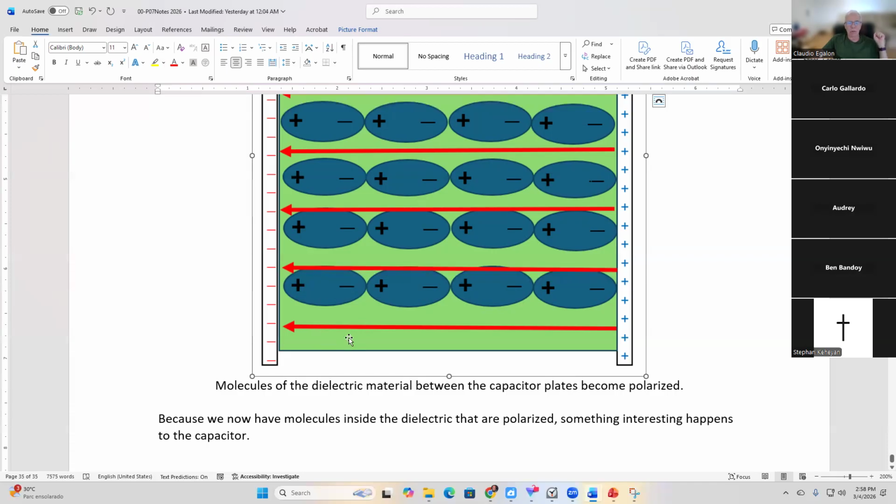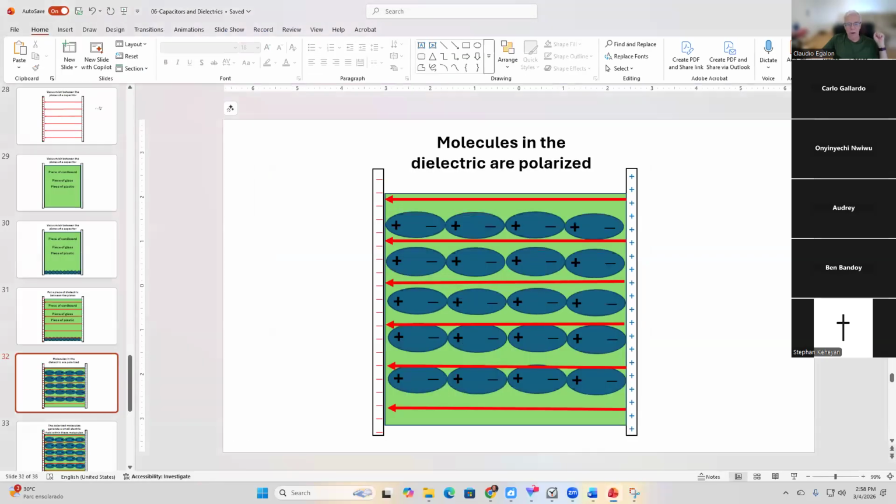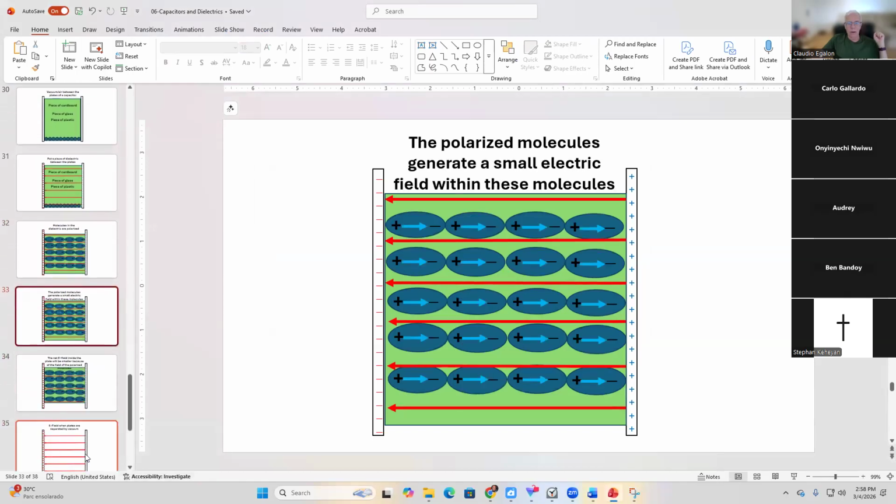Electric fields always go from the positive to the negative. So let's see our illustration here. It's actually a smaller electric field, and this smaller electric field is represented by this light blue arrow from the left to the right.